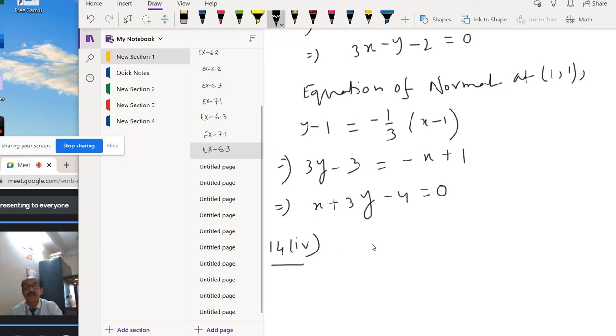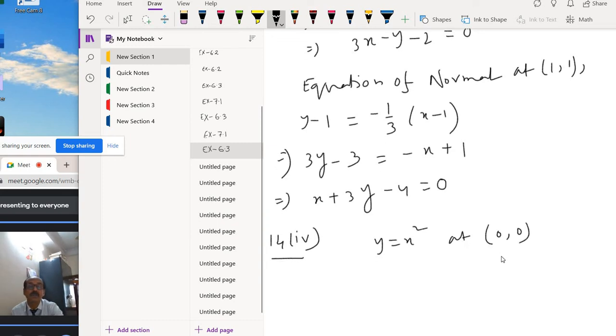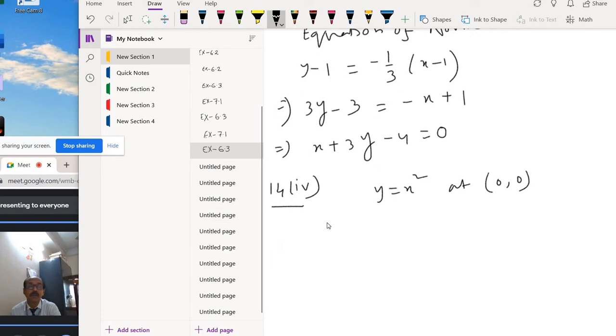y equal to x square. Equation is y equal to x square at 0, 0. At 0, 0. Okay, so here y equal to x square, so dy by dx equal to 2x.